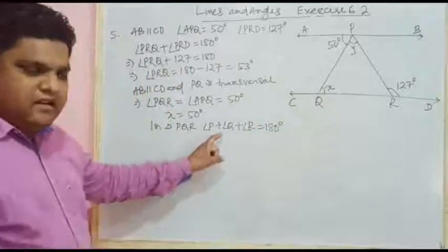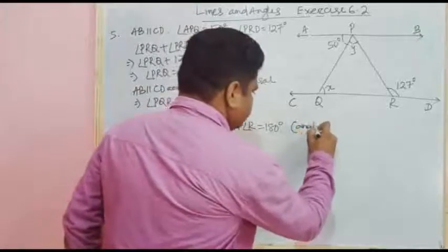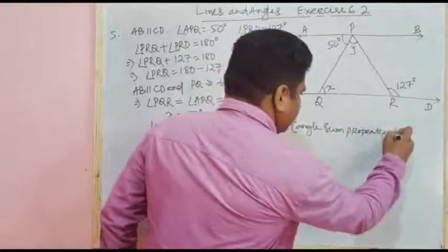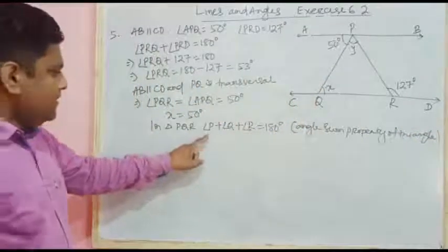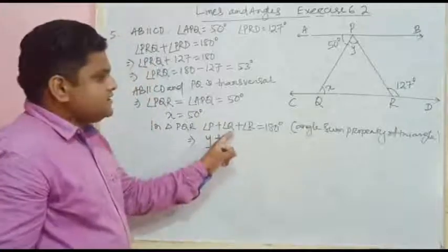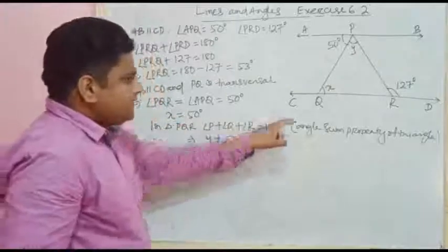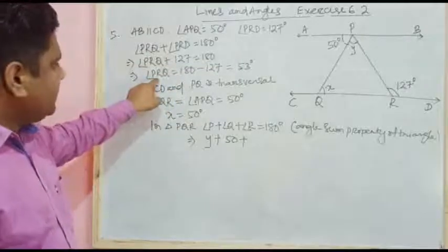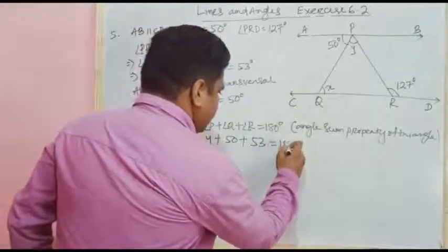This is from the angle sum property of a triangle. Now the value of angle P is y, plus angle Q is x, which is 50, and angle R, this one, means angle PRQ, is 53 degrees, is equal to 180.